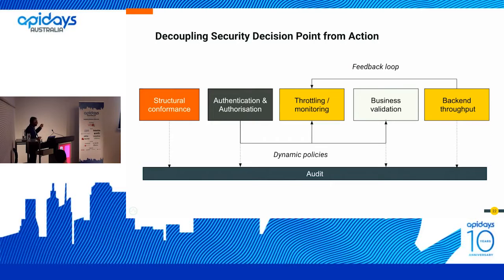Once you have identified the consumer, you can bring throttling policies and business validations into the picture, because until we establish the identity, we cannot link these security-related business validations to the API request. And they have to be dynamic.